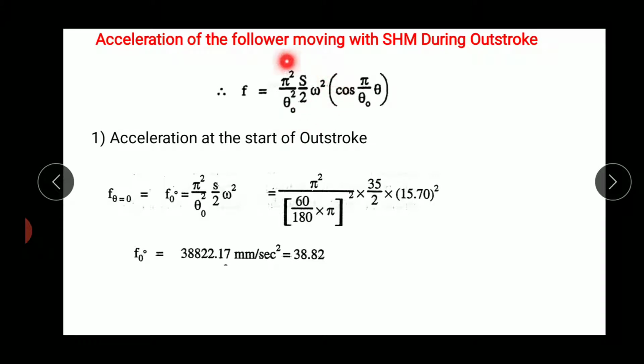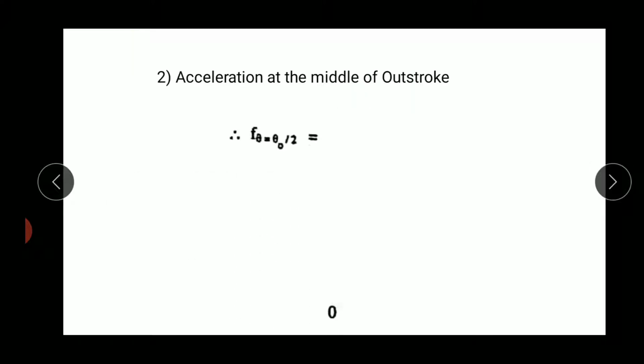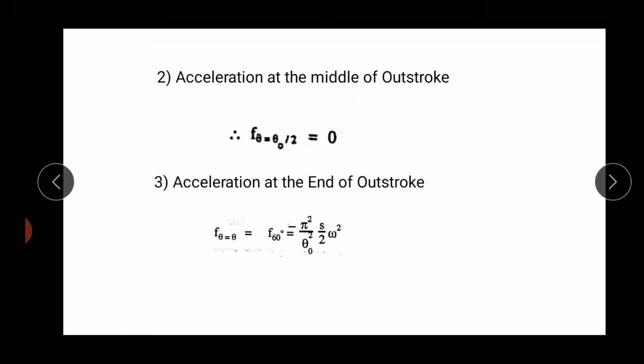So this formula is the same at the start and at the end of the out stroke, the only difference is the minus sign. We had already calculated this value, you only have to put the minus sign at the end of the out stroke. Calculation was already done. Directly write the value: minus 38.82 meter per second square. Its unit is meter per second square.